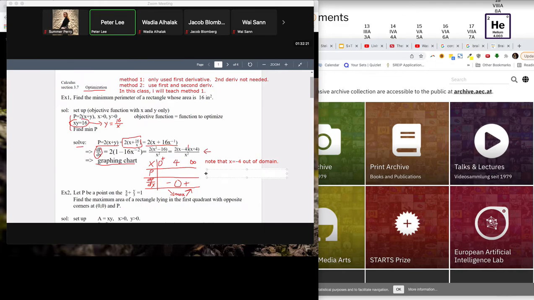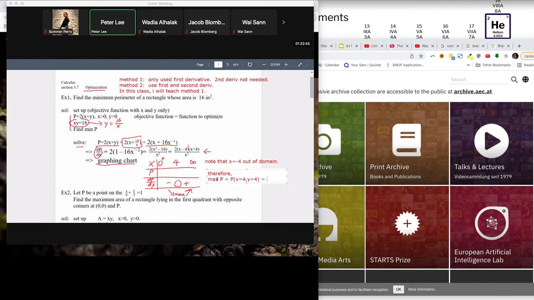Therefore, the conclusion. What is the conclusion? Max p is equal to p when x is equal to 4 and y is equal to 4. I want you to write this down. And what is the maximum?